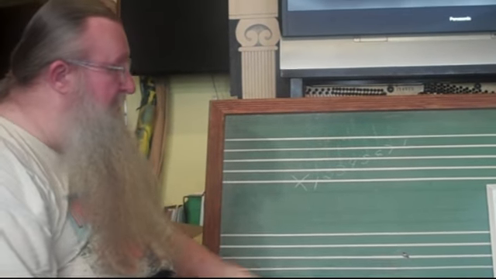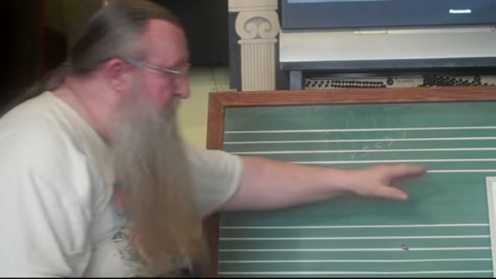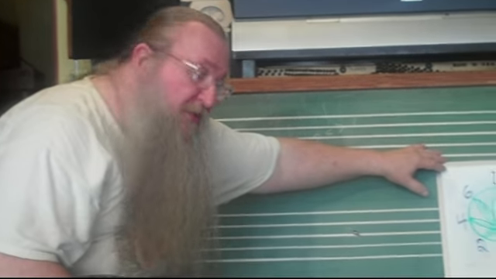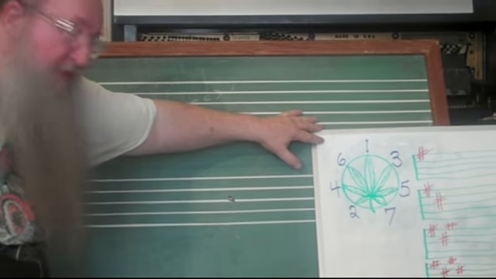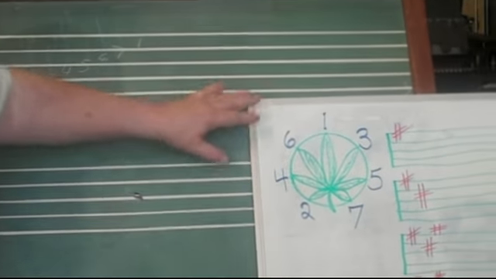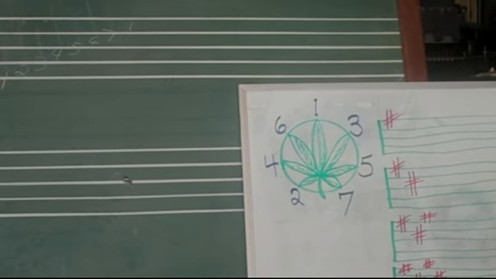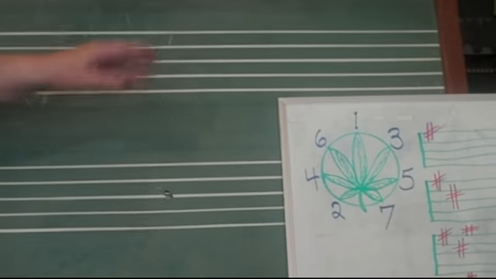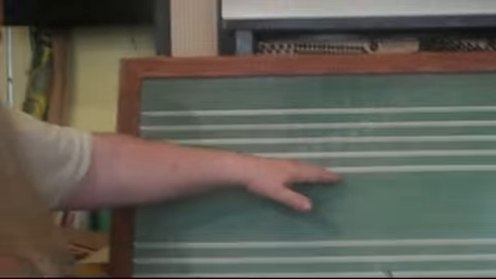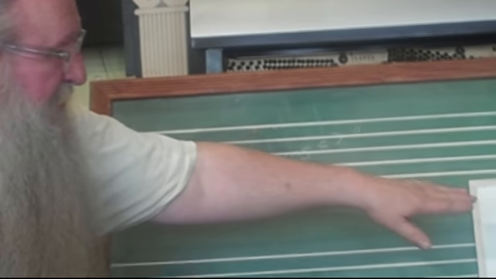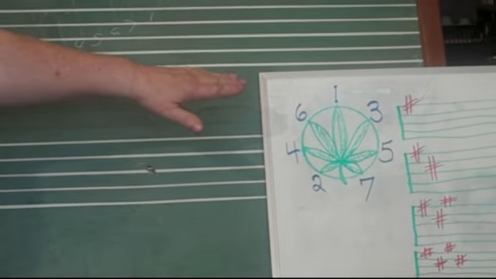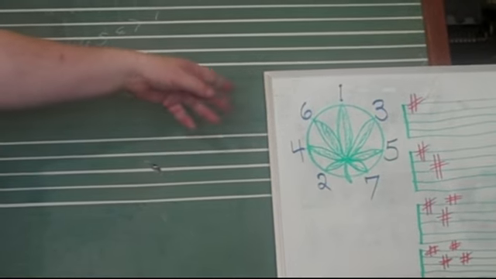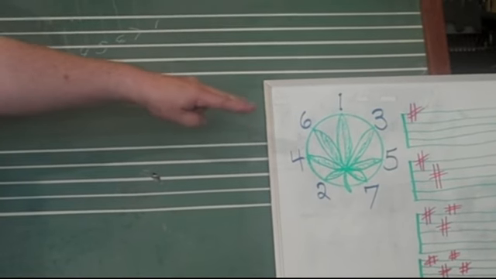This brings up a pattern which I call the circle of thirds. And here on the board I have drawn the pattern with a little symbol to help you remember it. The top is the number 1. If we skip from one line to the next line, we go straight to the number 3. We're skipping over 2. If we skip from the 3 to the next line, it's the number 5.